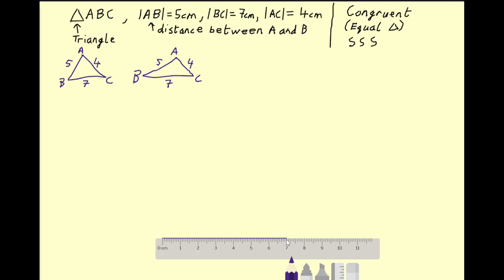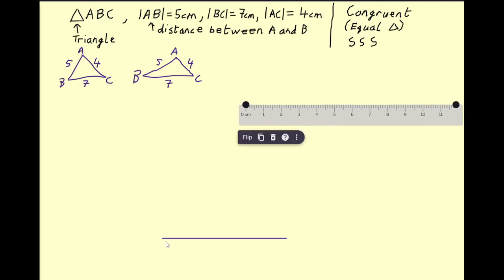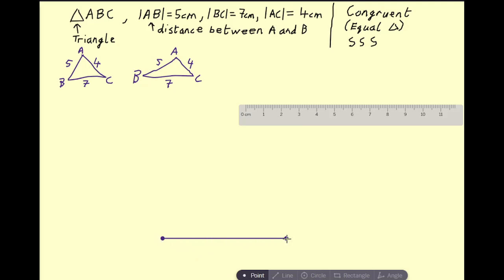So stop as neatly as we can at 7. That's going to be going from B to C. So I'm going to go from there to there. That is going to be my point B, and C. So now I have an anchor for where they're supposed to be.